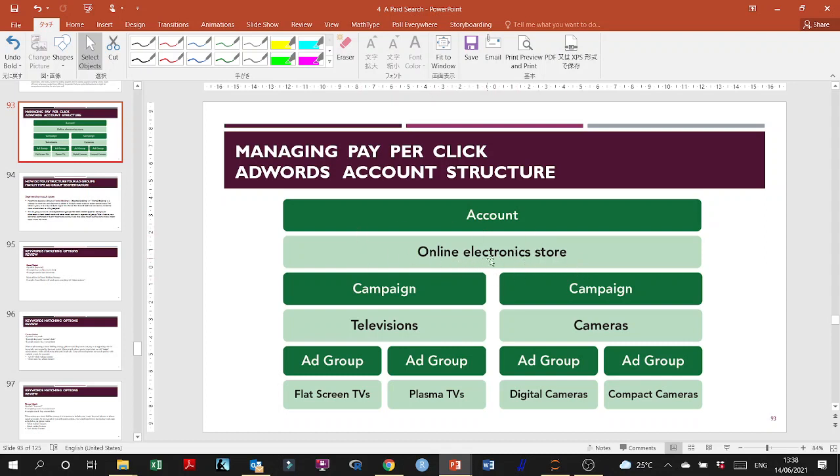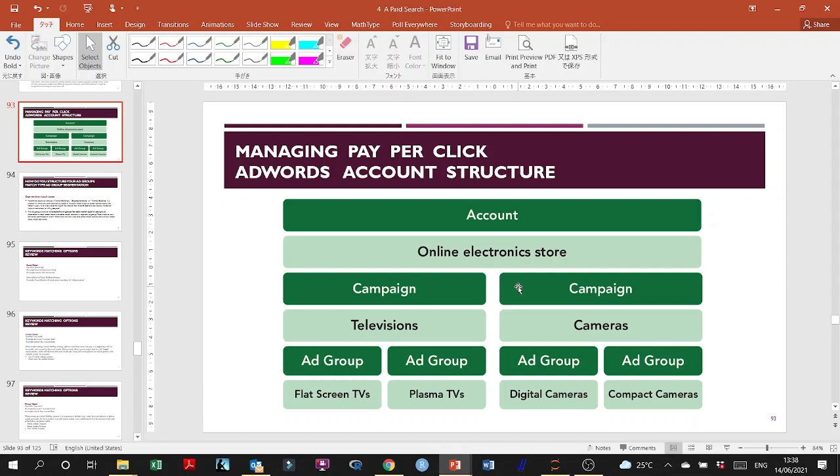If you have an electronics store, you have a campaign for televisions, if you want, and a campaign for cameras. So as you can see, this is another typology. In this typology, if you still want to have certain different categories have different campaigns, why not?